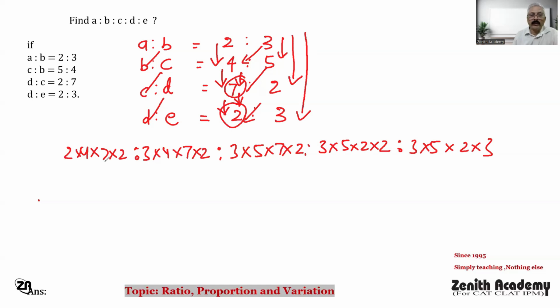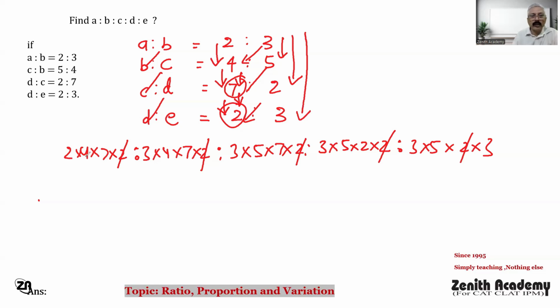So 2 fours are 8, 8 sevens are 56, 56 times 2. Look here, is there any common factor? It is 2, 2, 2, 2, and 2. Then 3, but here 3, here 3, here is not 3. And here is 7, 7, but no 7.